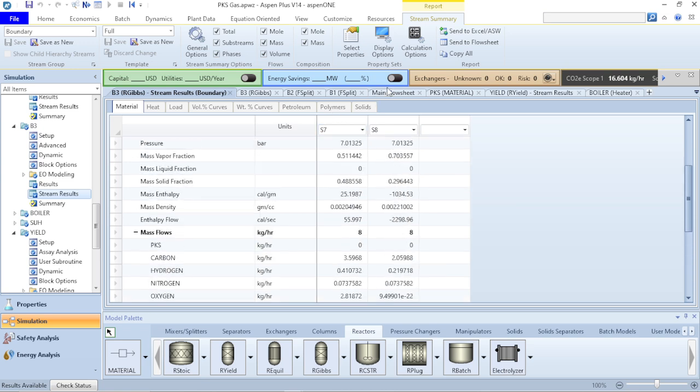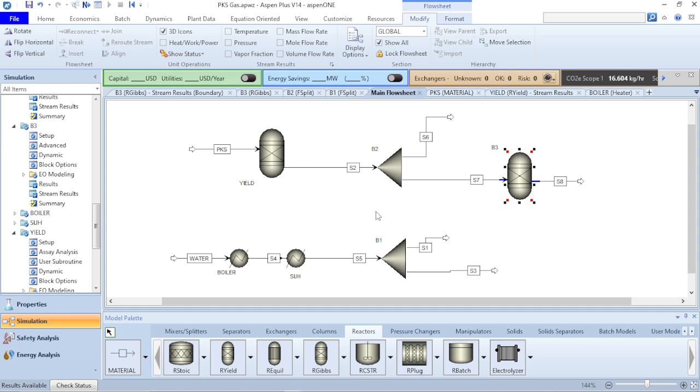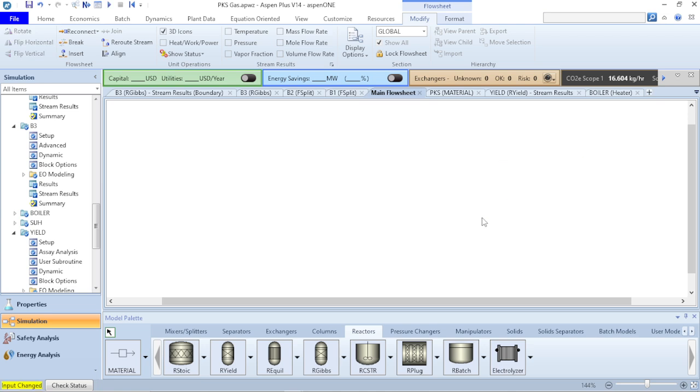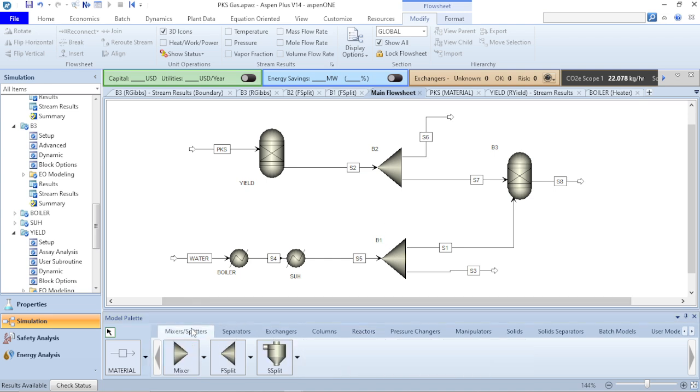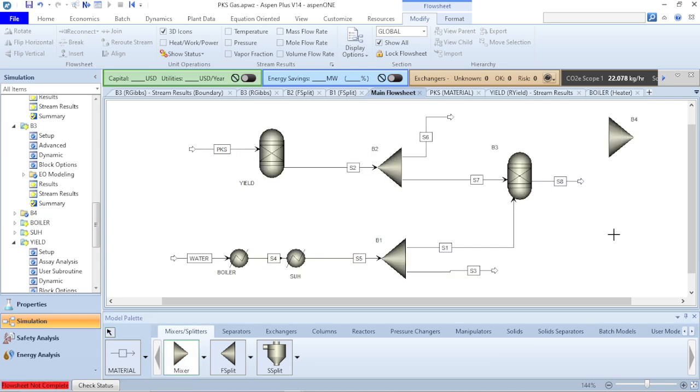All right, so let's quickly add the heating source because that's why we brought this. This is serving as a heat source, and then we run it. After doing this, we can add a mixer so we combine both products together.